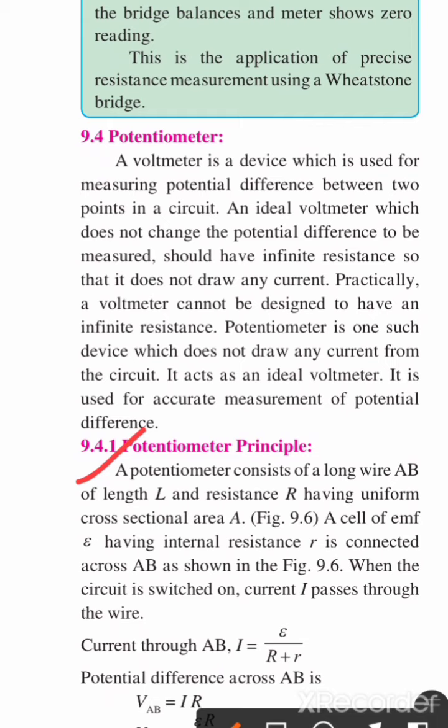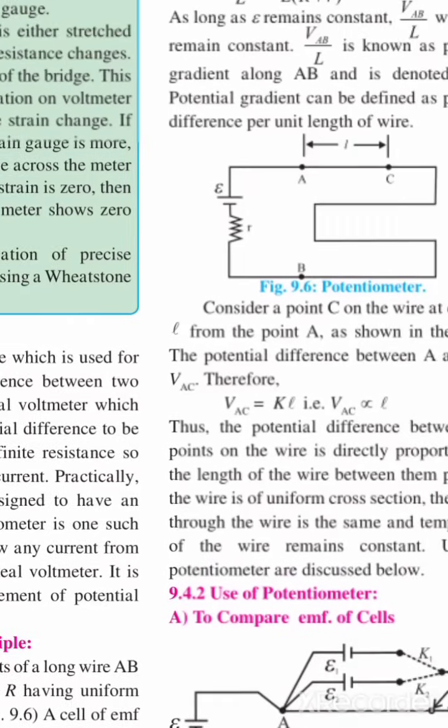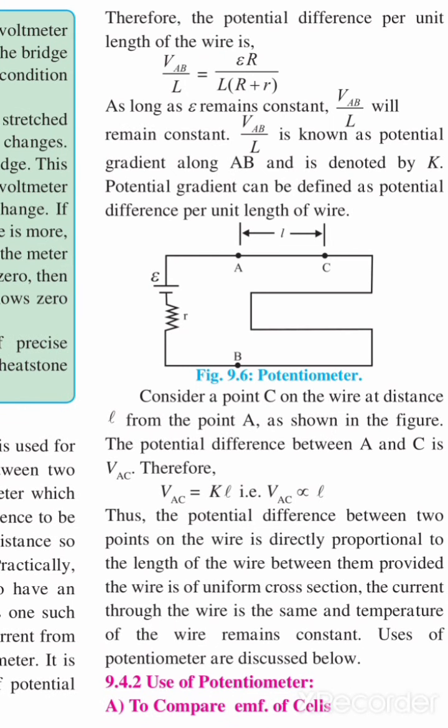For studying the principle of potentiometer, we first see that a potentiometer consists of a long wire AB of length capital L and resistance capital R, having uniform cross-sectional area A, as shown in figure 9.6.